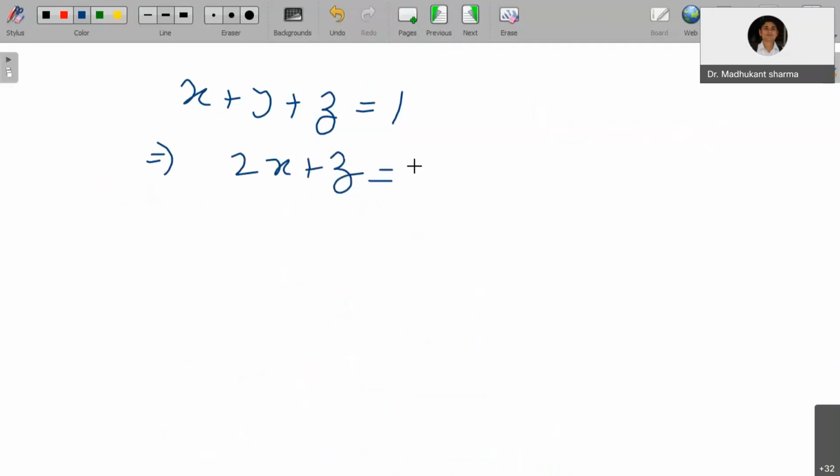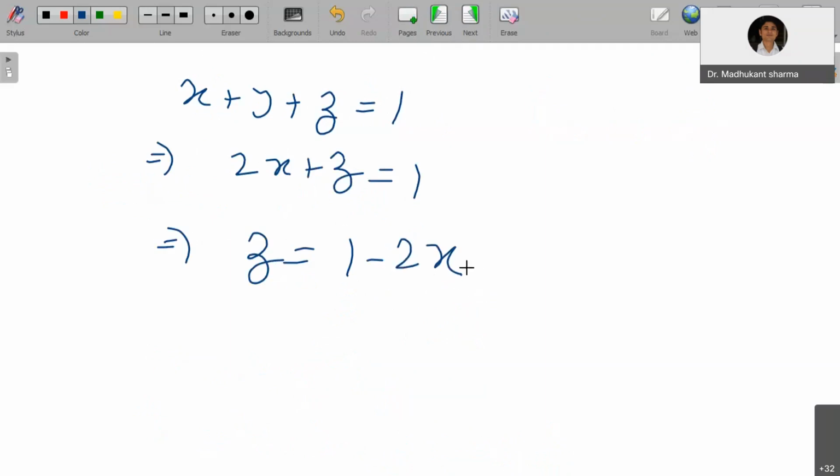For z, you have x plus y plus z equals 1. Since y is x, 2x plus z equals 1, so z equals 1 minus 2x.